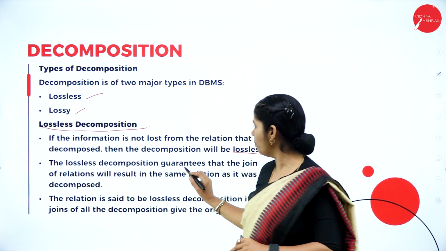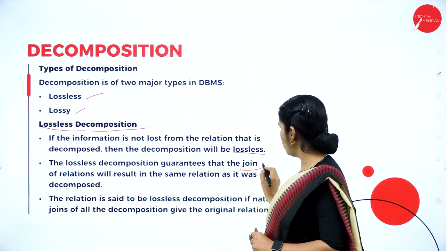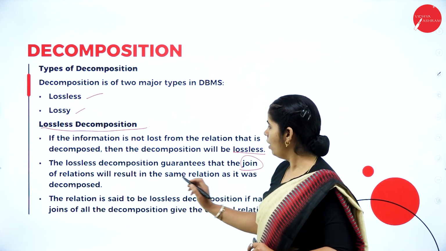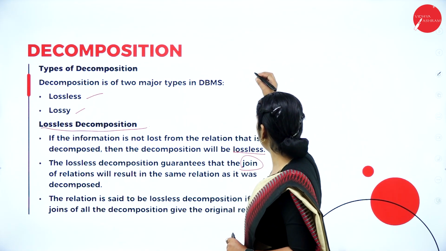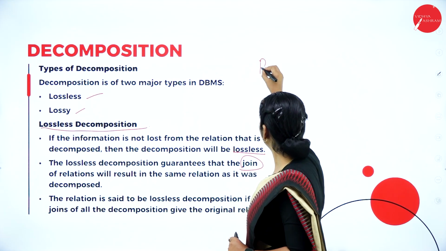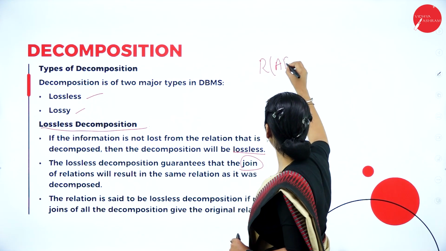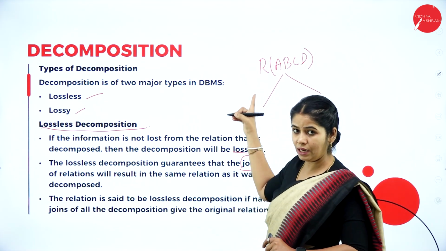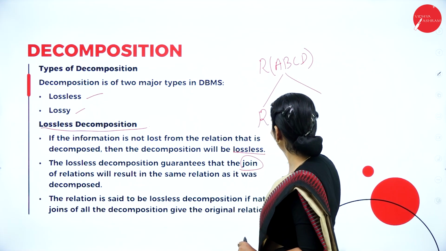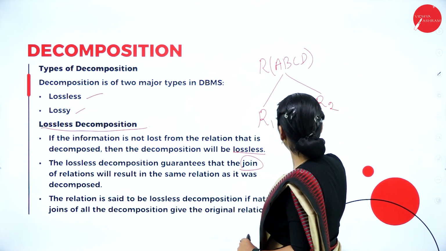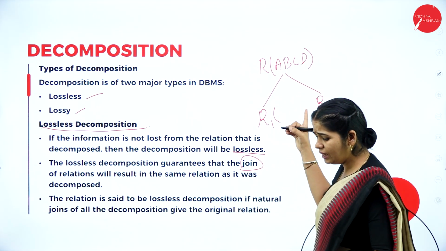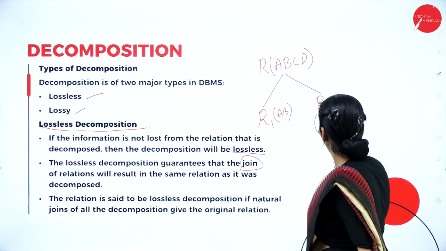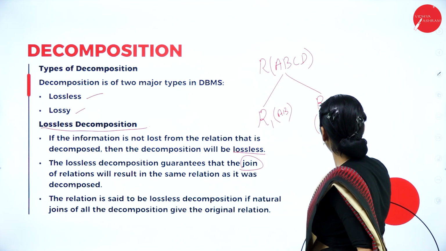Lossless decomposition guarantees that the join operation will result in the same relation. Consider a relation R with attributes A, B, C and D. I am dividing this relation R into R1 and R2. In R1 I have A, B, and in R2 I have A, C and D.